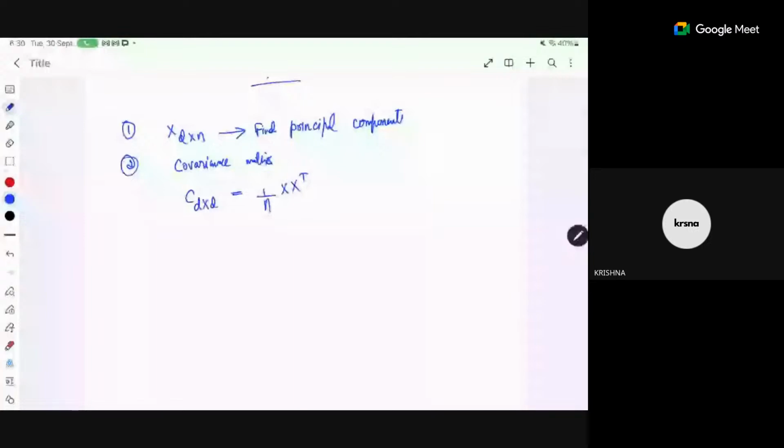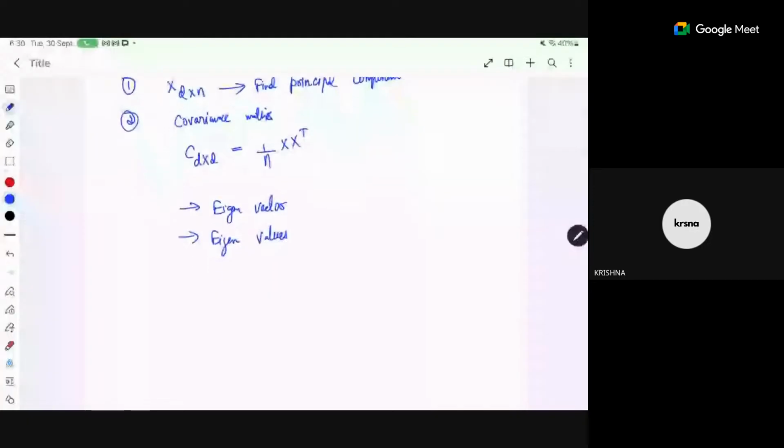Once we have the covariance matrix, we find the eigenvectors and the eigenvalues. Basically, we do the eigen decomposition of this matrix C. But the issue we had was, let's say D is very large.